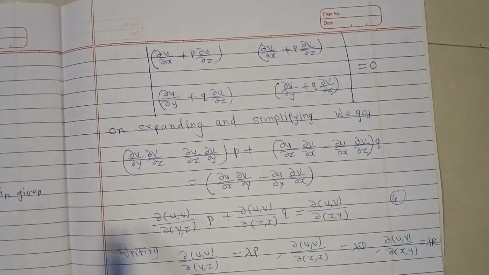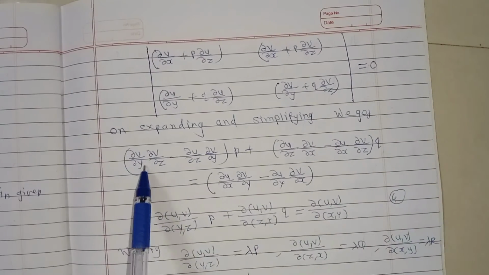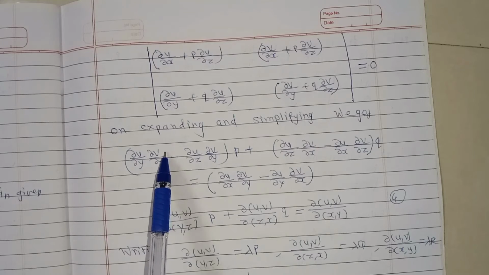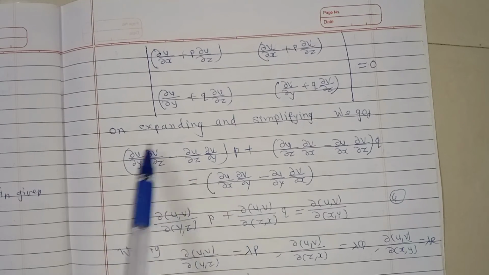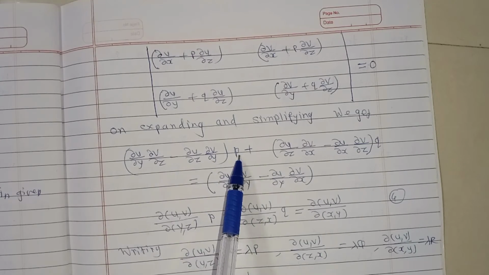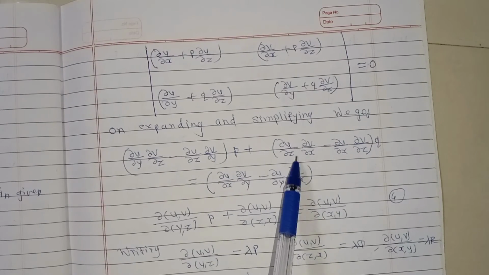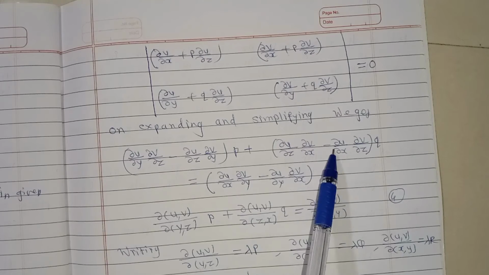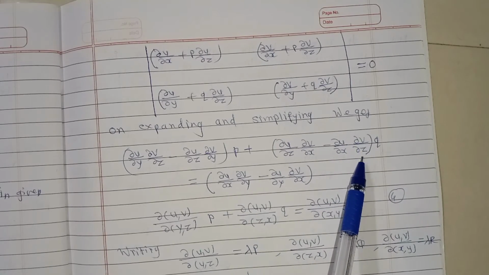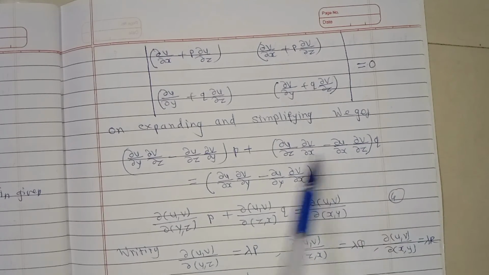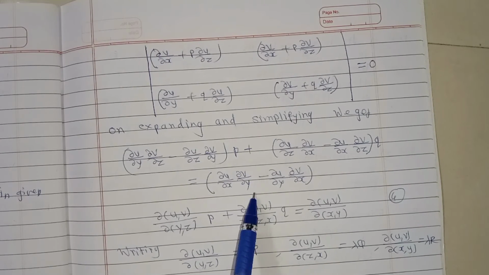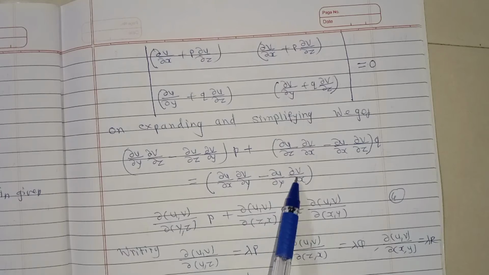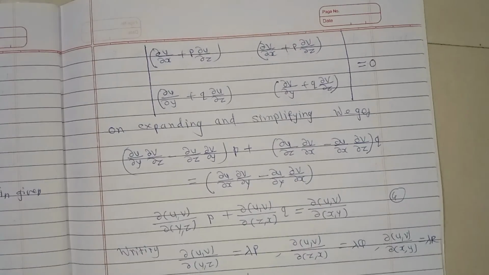On expanding this determinant, we get (∂u/∂y ∂v/∂z − ∂u/∂z ∂v/∂y) p + (∂u/∂z ∂v/∂x − ∂u/∂x ∂v/∂z) q = (∂u/∂x ∂v/∂y − ∂u/∂y ∂v/∂x).